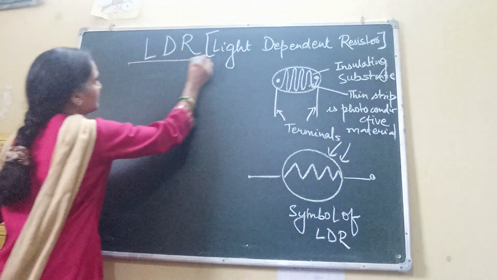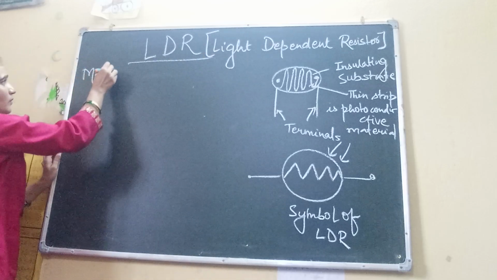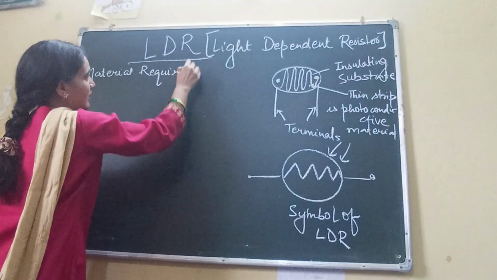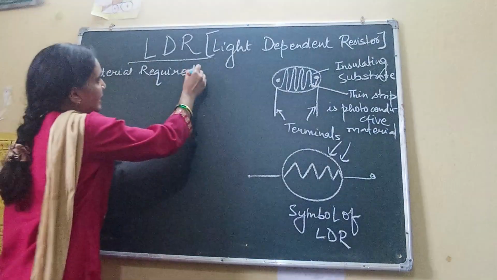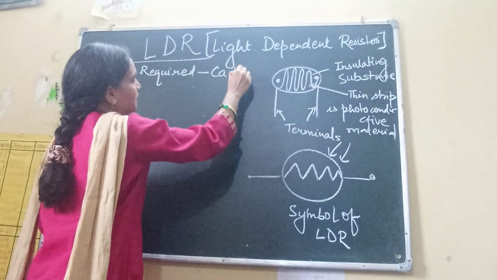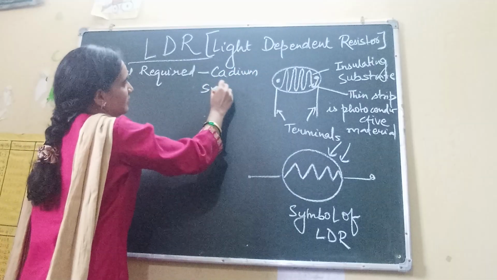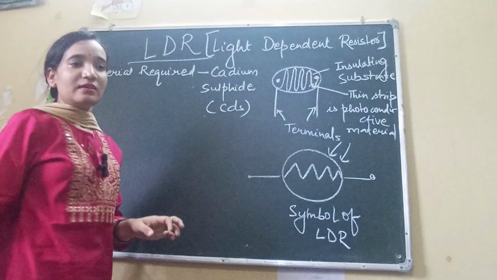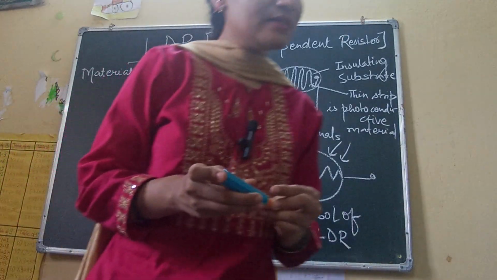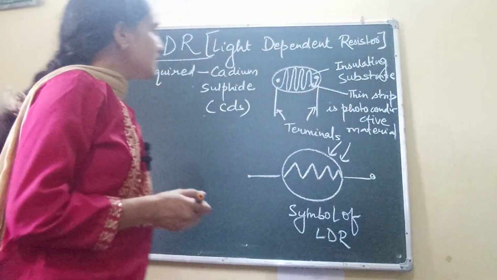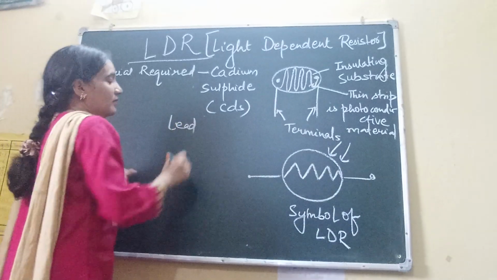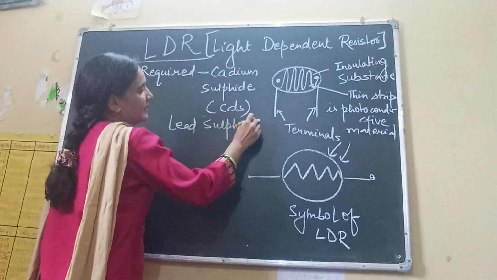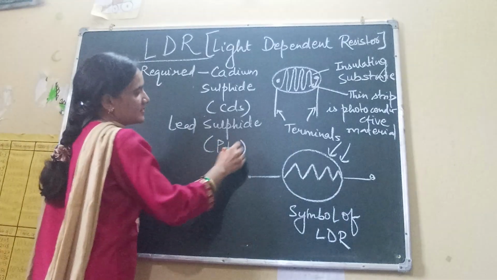The materials required are: one is cadmium sulfide, that is CdS, and the other one is lead sulfide, which we can write as PbS.